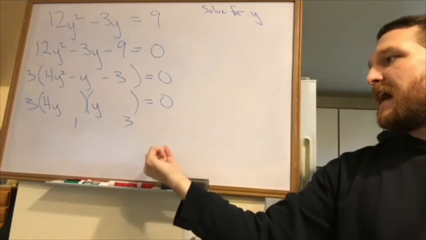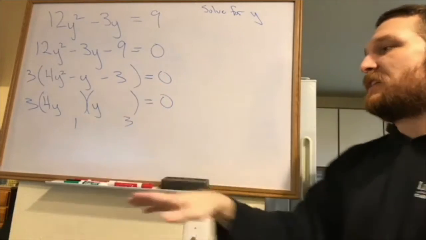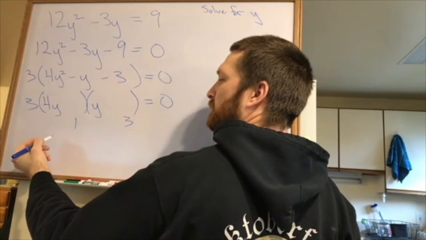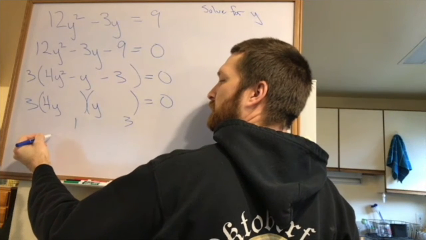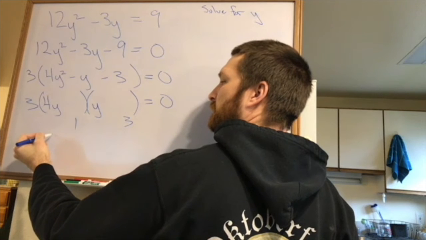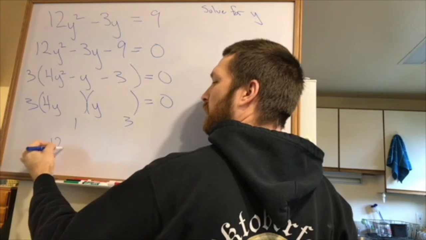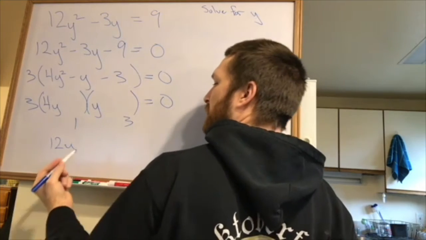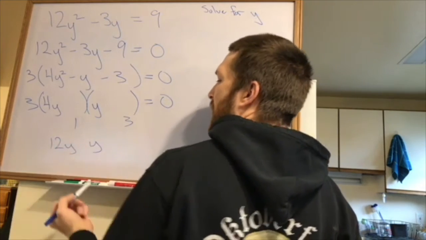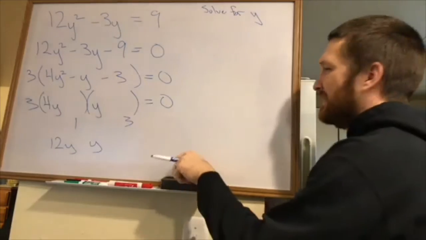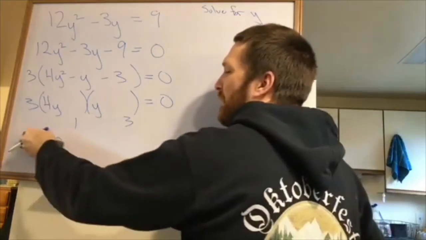The last is going to give us a 3. And so what does my outer give me? 12y. And what about my inner? 1y. Is there any way to combine those to get a negative? No. So what do we got to do?